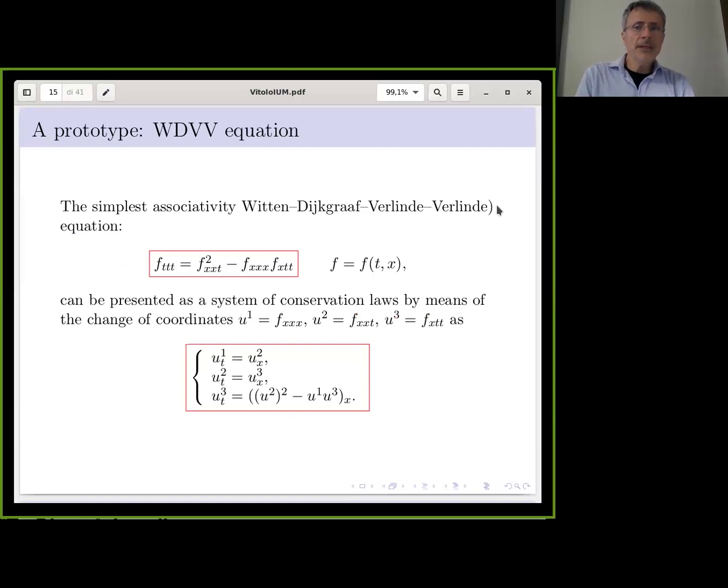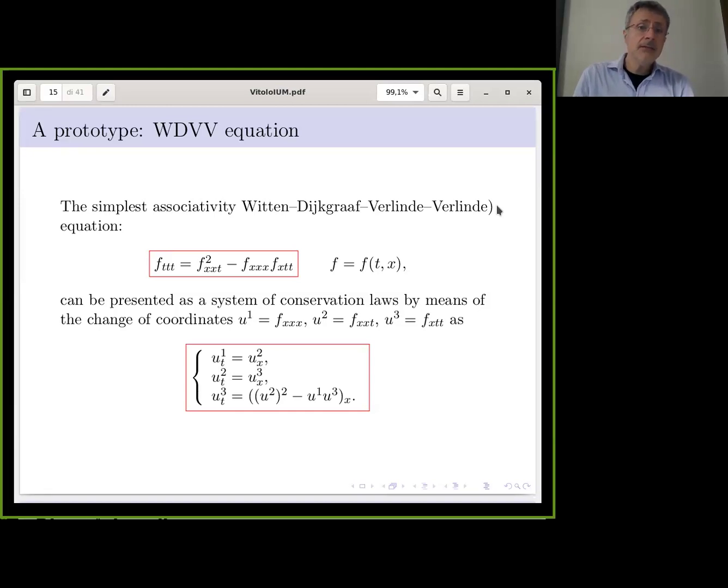WDVV comes from Witten and Dijkgraaf, Verlinde, who discovered this equation in the context of string theory. But later it was observed that this equation has very strong connections with the theory of integrable systems, because basically its solutions represent, for every solution, a bi-Hamiltonian pair of local operators of the first order.